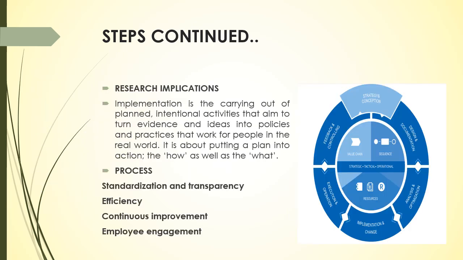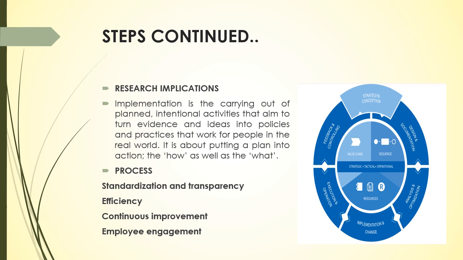Okay, next is research implication. Implication is carrying out planned and intentional activity that aims to turn evidence and ideas into policies and practices that work for people in the real world. It is about putting a plan into action, and how as well as what.